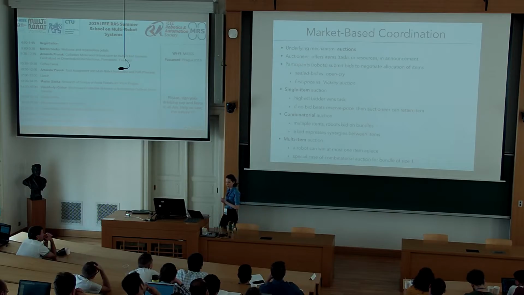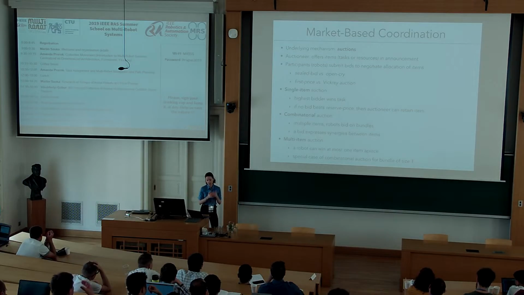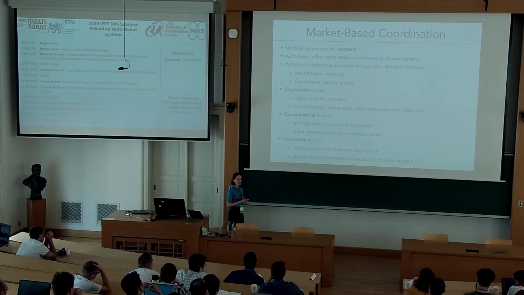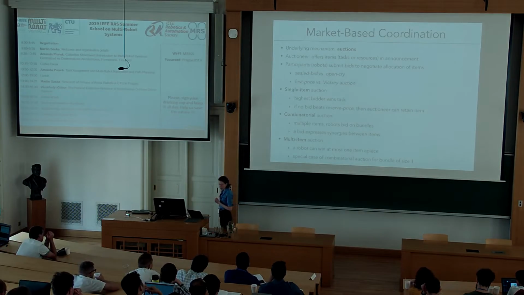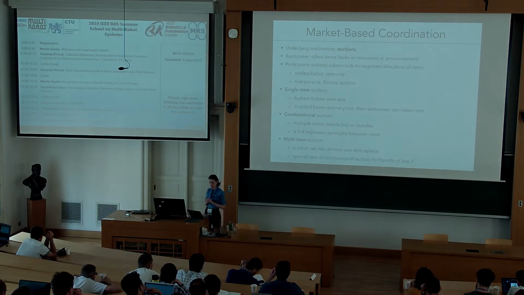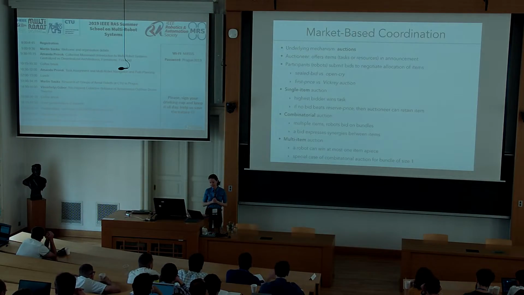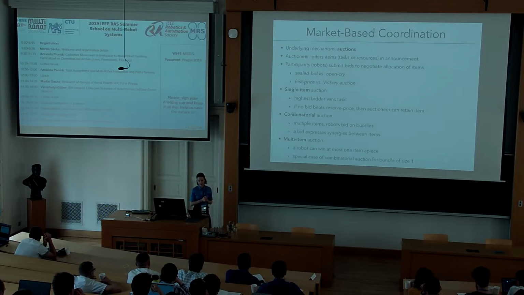And then we can do single item auctions where simply the highest bidder wins, or combinatorial auctions where we can then use underlying algorithms such as the Hungarian algorithm, and multi-item auctions where a robot can win at most one item apiece, and the special case is actually the combinatorial auction for bundles of size 1.